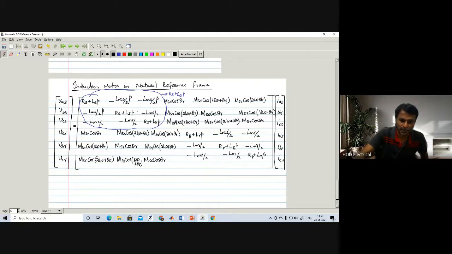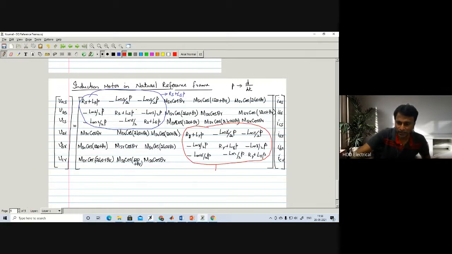P is nothing but the rate of change, applied to the mutual inductance between these two. Here also I forgot to write it. So P is nothing but d by dt. The short form we have written, P is nothing but d by dt. So this is the stator variable. Then this whole matrix is the rotor variable.